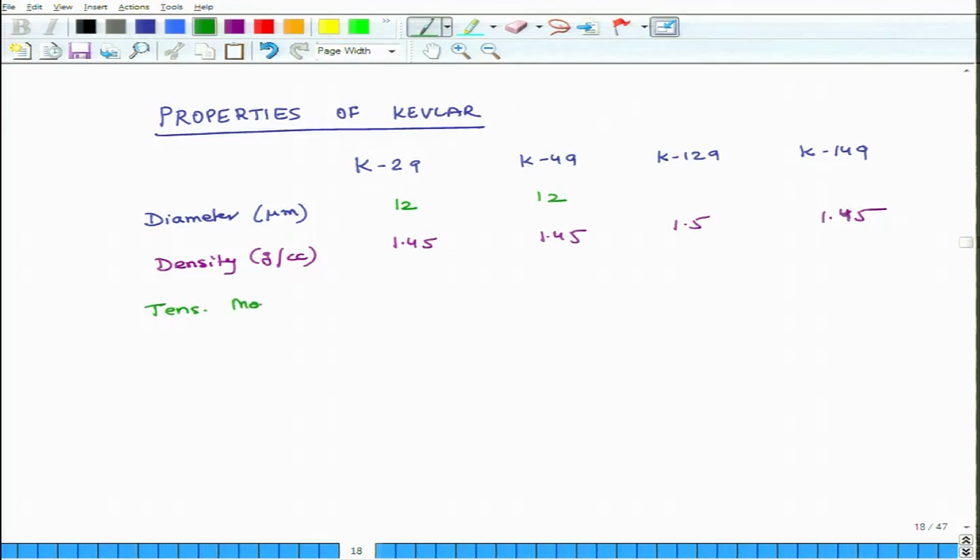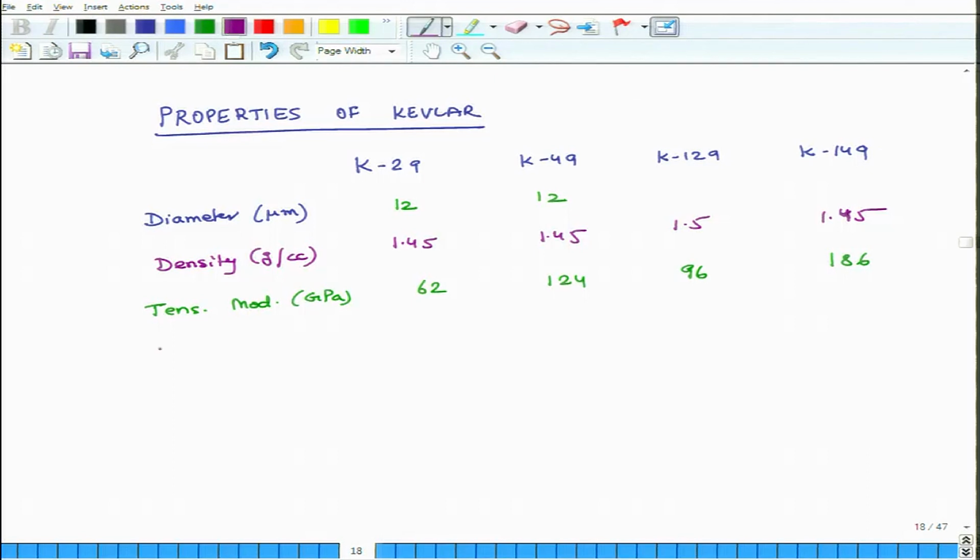But in the tensile modulus, in GPa, there is a significant difference. So that is where these things start mattering. 62, this is twice of that, 124, 96 and 186. So this company has made different flavors of Kevlar. So whatever modulus you want, they will give you, okay.